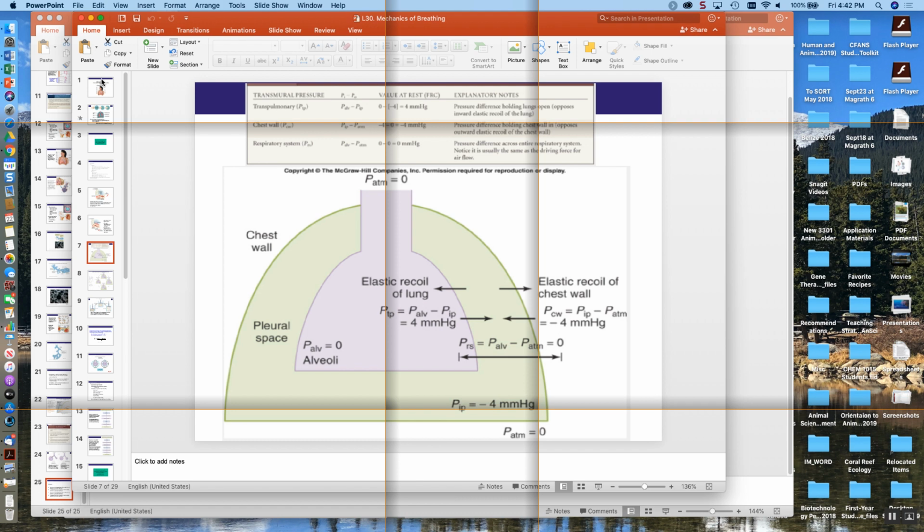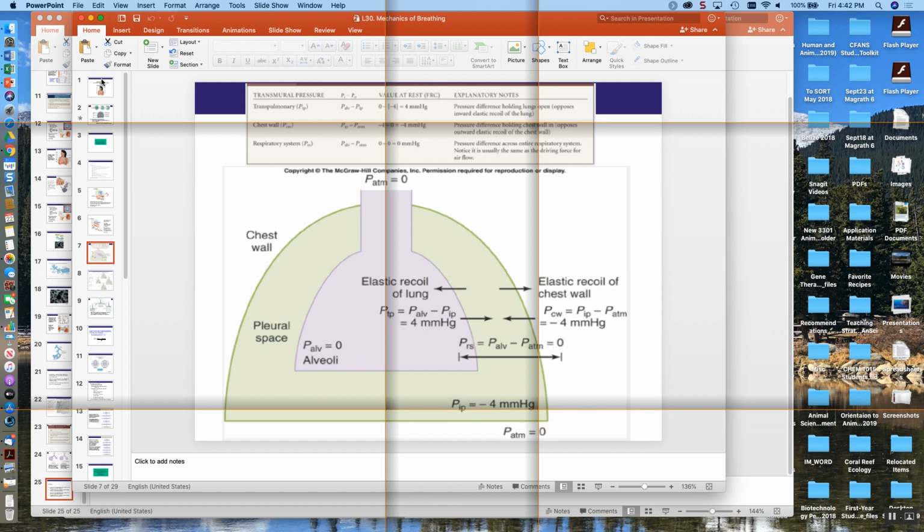It is this arrow right here. It is the pressure holding the lungs open because it's opposing the elastic recoil. So the definition: pressure difference holding lungs open, opposes inward elastic recoil of the lungs. So the transpulmonary pressure is essentially this arrow right here.